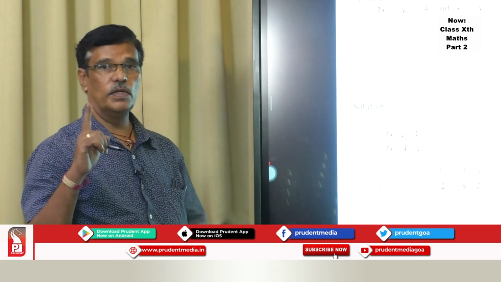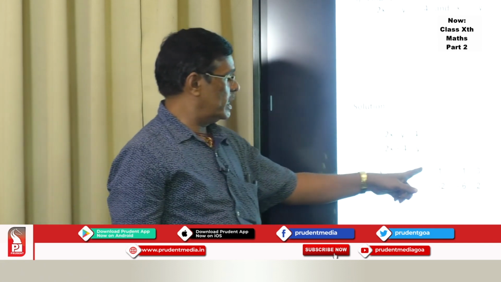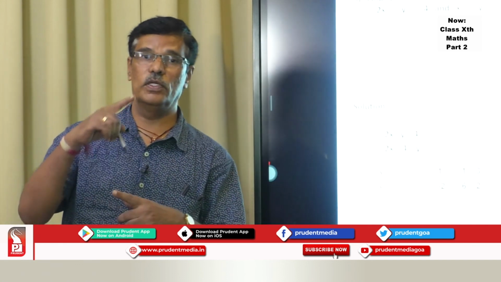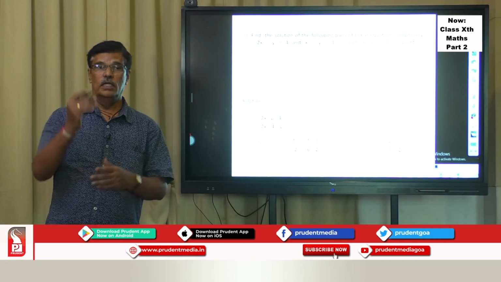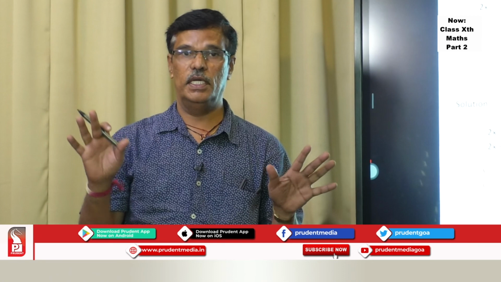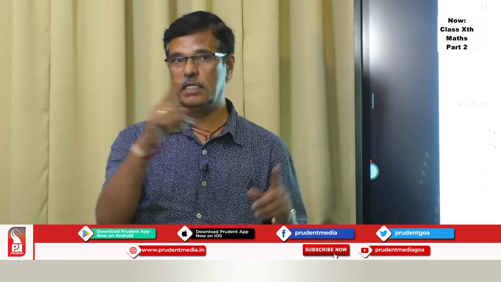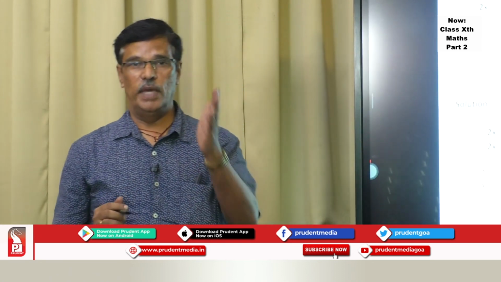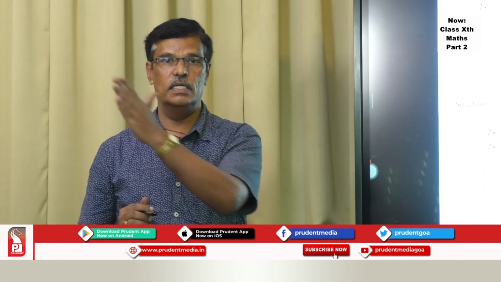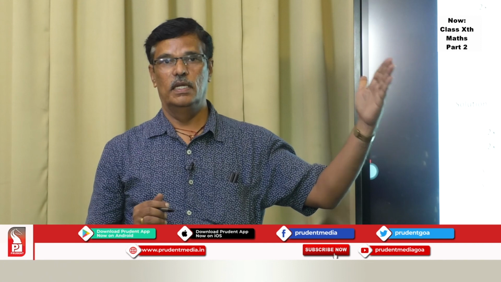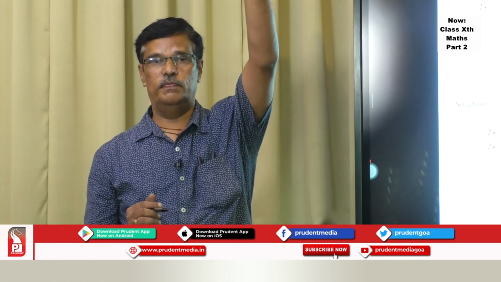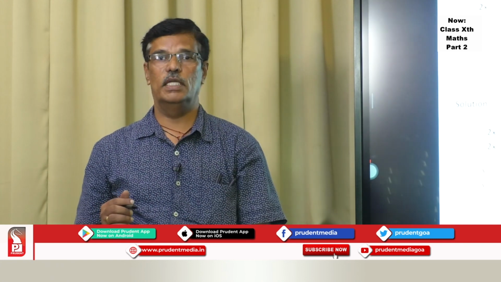Only thing you have to take care, when you are taking the values of x and y, you have to plot these points on your graph. Now the standard graph page is designed in such a way that when you are dividing that graph page, maximum boundary you can cover to the x axis is 9 and negative 9, and y axis you can cover up to maximum of 11 and minus 11.